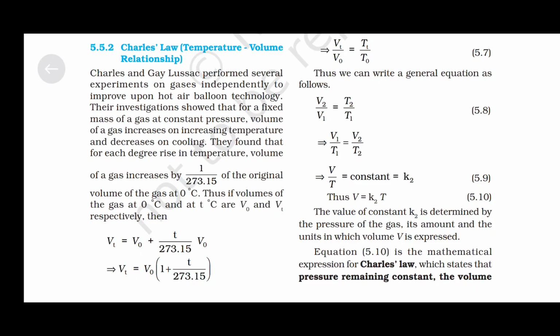They found that for each degree rise in temperature, the volume of a gas increases by 1 by 273.15 of the original volume of the gas at 0 degrees Celsius. Thus, if volumes of the gas at 0 degrees Celsius and at t degrees Celsius are V0 and Vt respectively, then Vt is equal to V0 plus t upon 273.15 into V0.